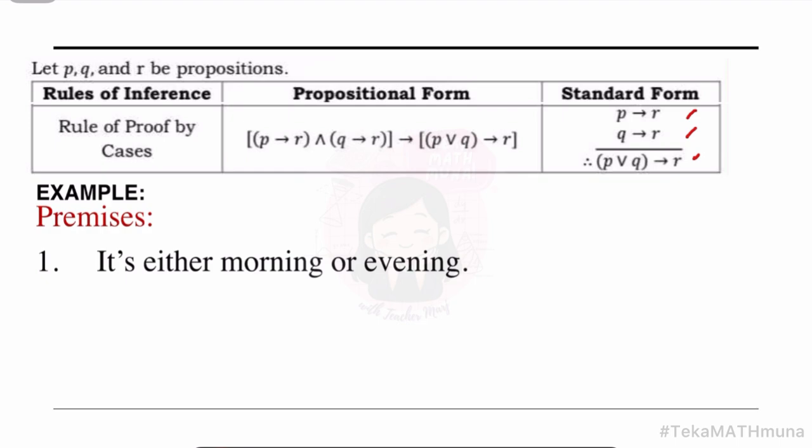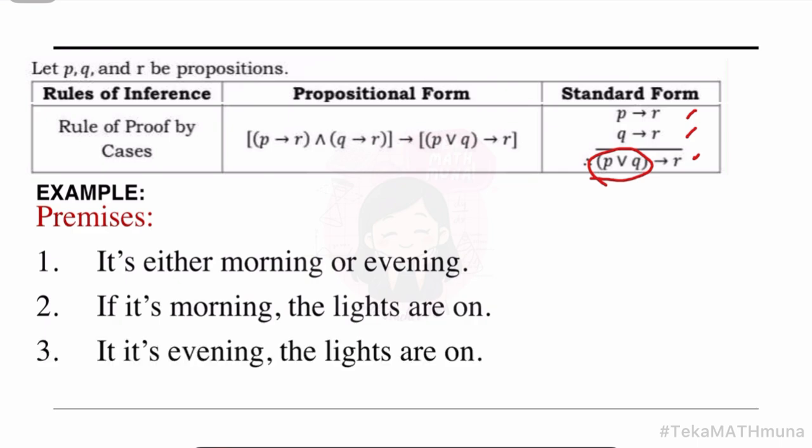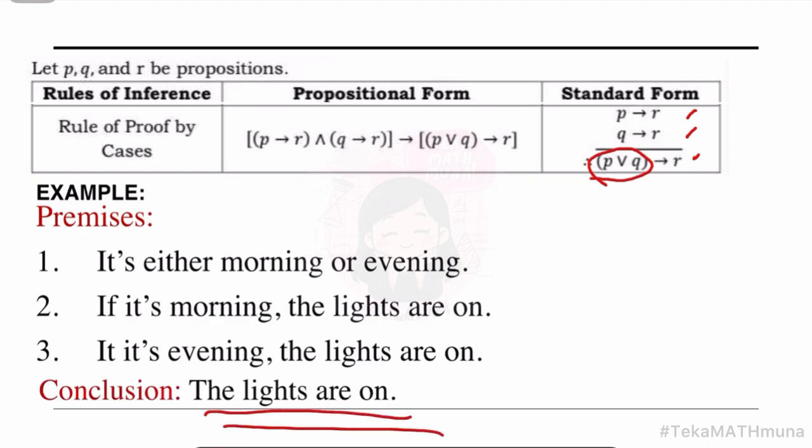Example, it's either morning or evening. If it is morning, the lights are on. If it is evening, the lights are on. Conclusion, the lights are on. No matter the case, morning or evening, the proposition R holds true.